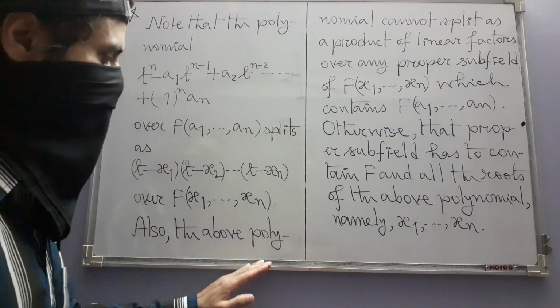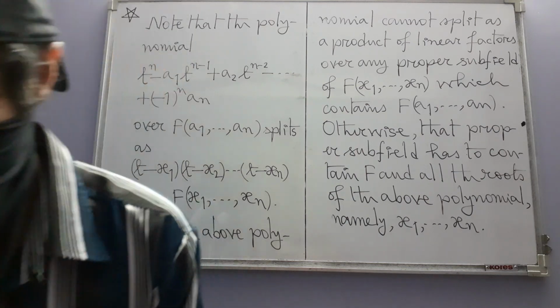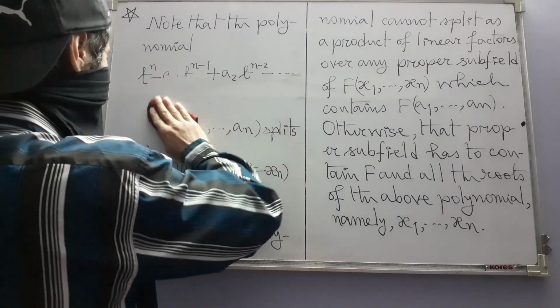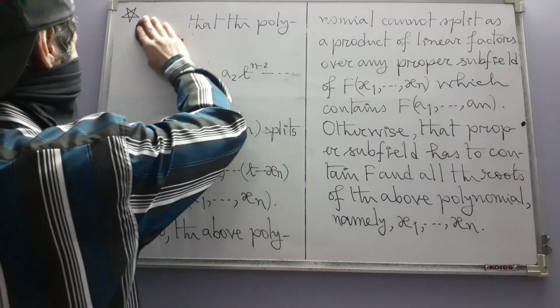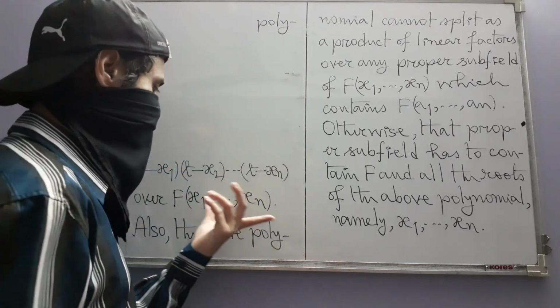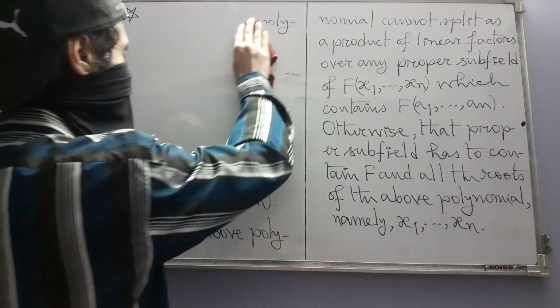And that is why we cannot have such a subfield, because then it is no longer a proper subfield, it becomes equal to this. How can it be proper?